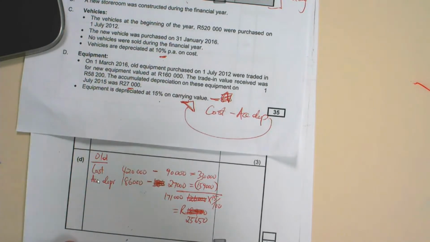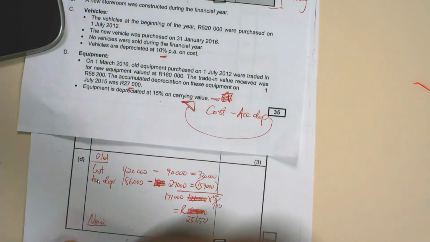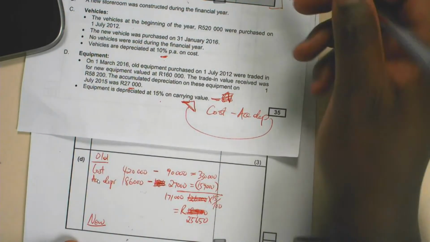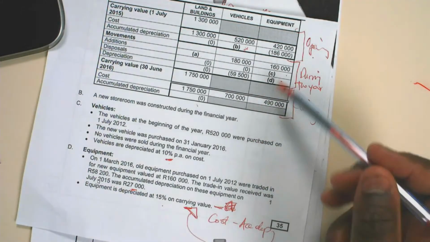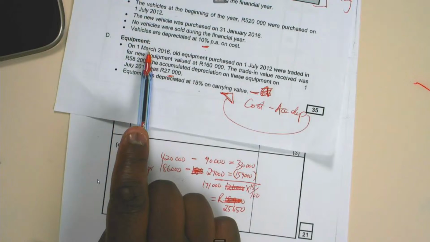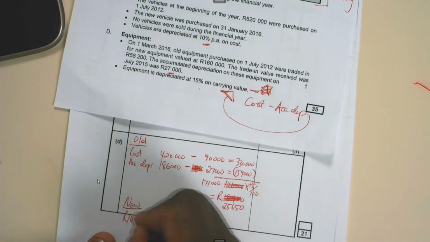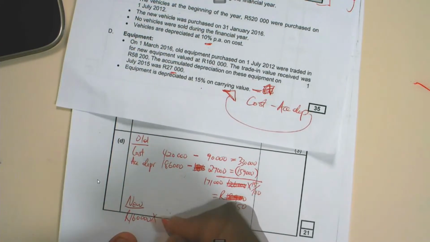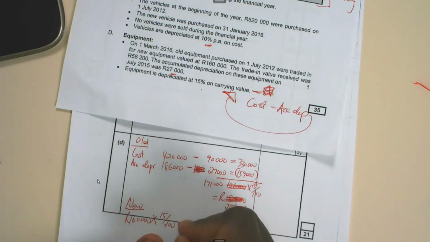And then remember, we bought new equipment to the value of 160,000 on 1 March 2016. Now it means we had this new equipment for how many months?